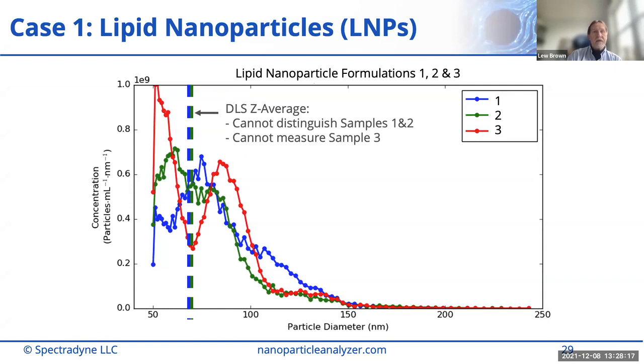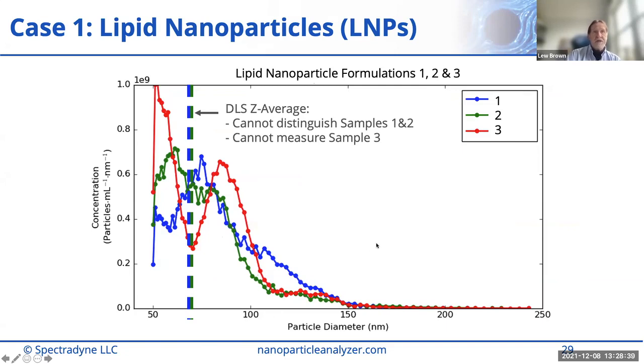And, again, it showed no difference between sample 1 in the blue and sample 2 in the green. And you can see they are very different here. For instance, in the blue sample, the upper tail has a much higher concentration of particles, say greater than 100 nanometers, which you don't have in the green.